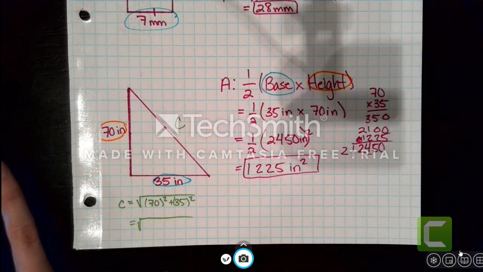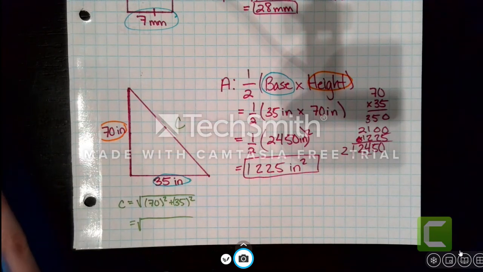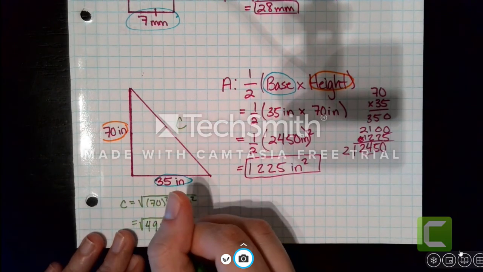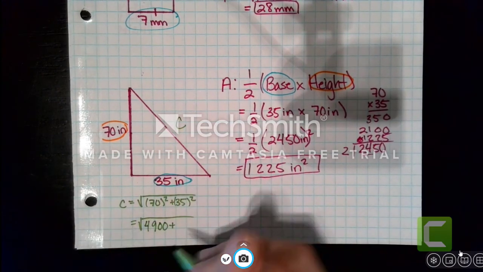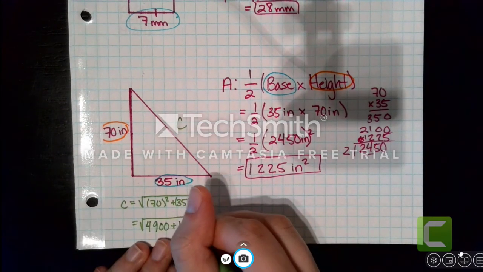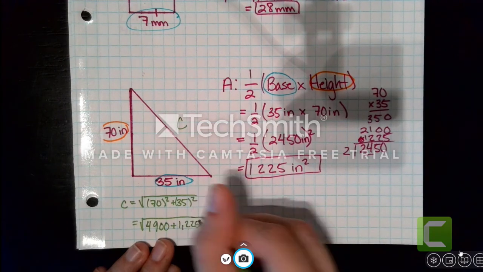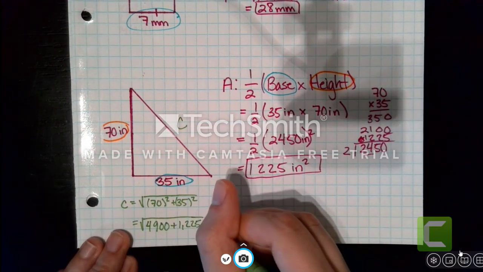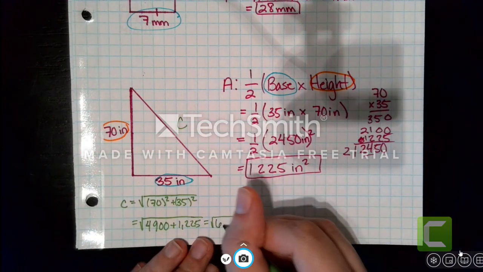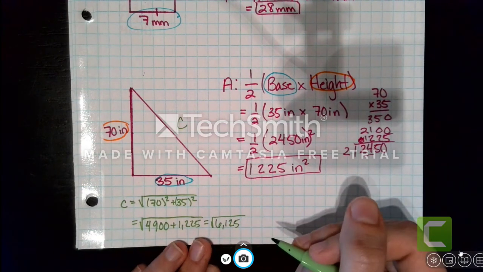So if we do this, 70 times 70 is equal to 4,900. And 35 times 35 is 1,225. Adding those together, you'll get the square root of 6,125.